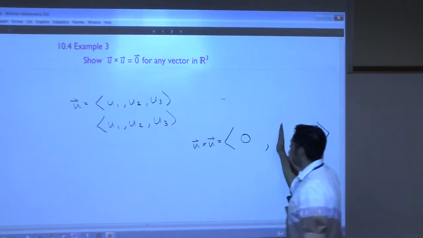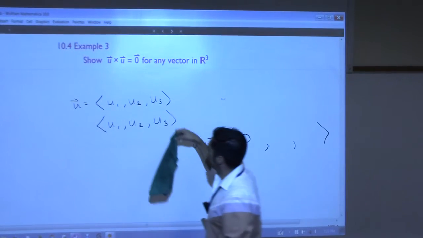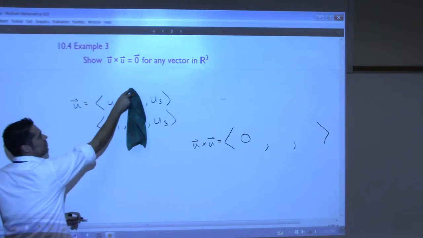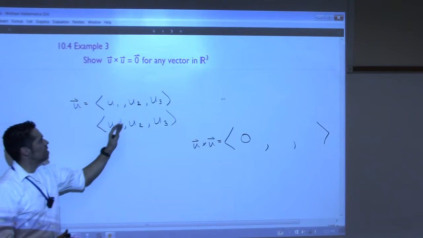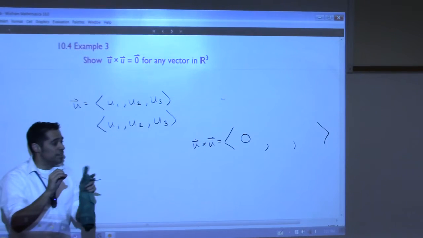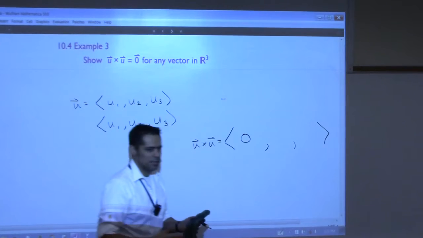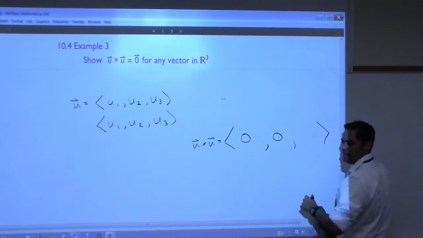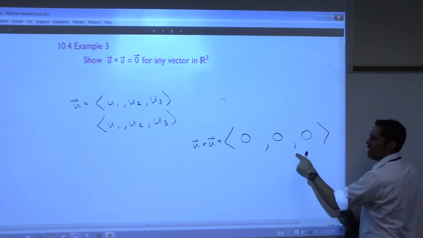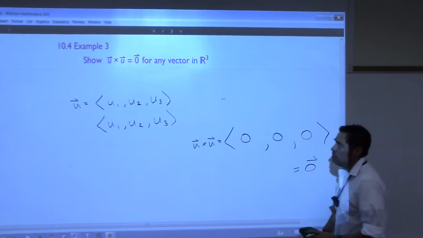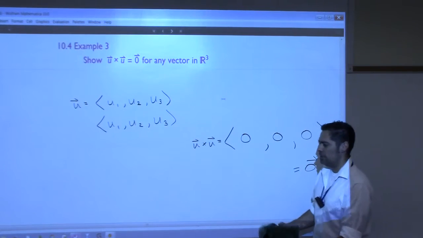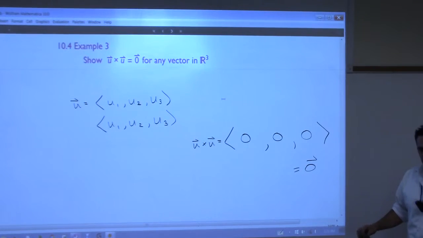And then for the j, we cover up j, and we do our little thing, and it'll be u1 times u3 minus u1 times u3, which is 0, and then change the sign. 0 is still the negative 0, right? So that's 0. And then the last one would be the same thing. And that is the 0 vector, isn't it? So if you cross a vector with itself, you get the 0 vector. Questions?